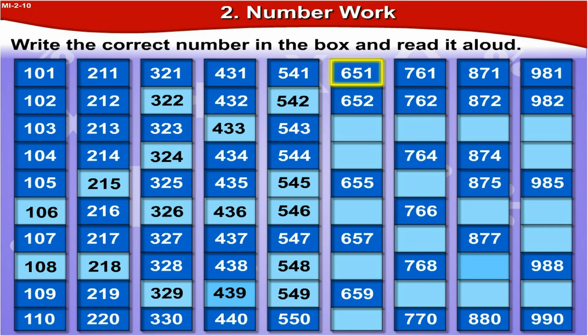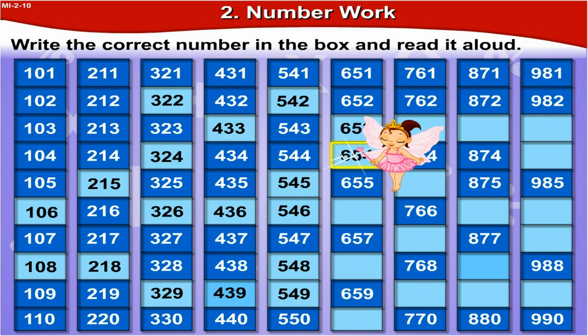Now the next column. 651, 652, box. After 652, we have 653, which is 653. You can write it in the box. And after 653, there is 654. That is 654. So write it in the box. Then we have 655, another box, in which you will write 656, which is 656.